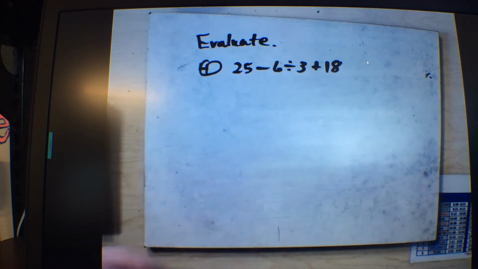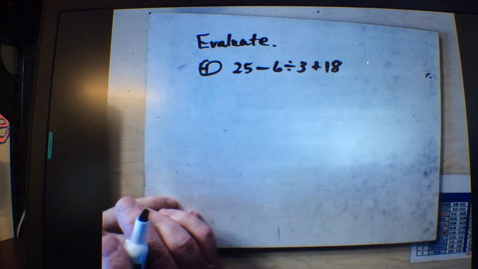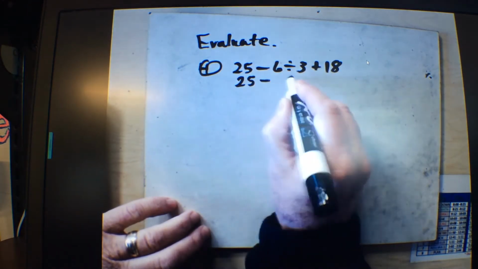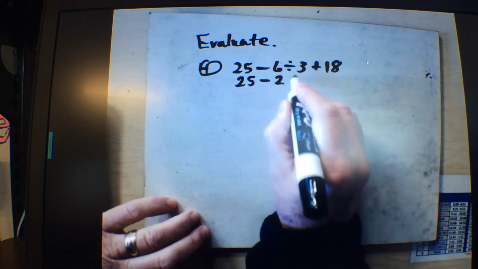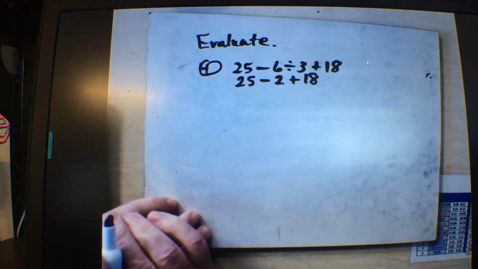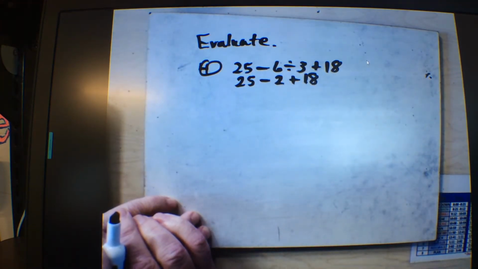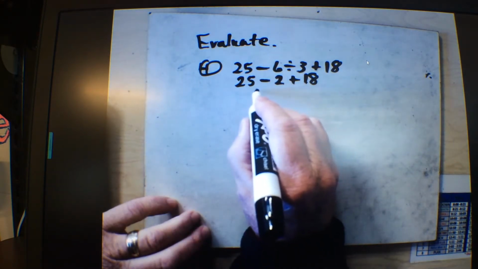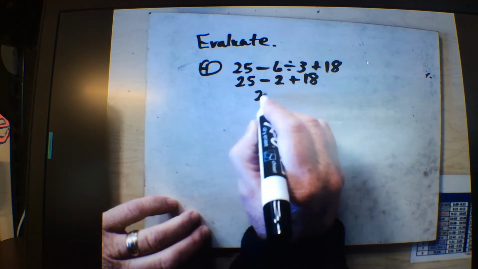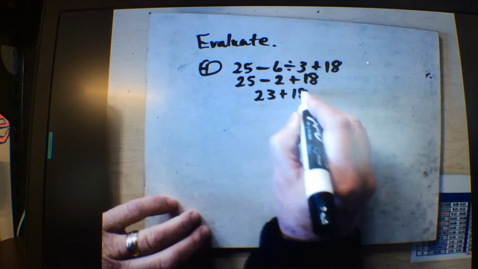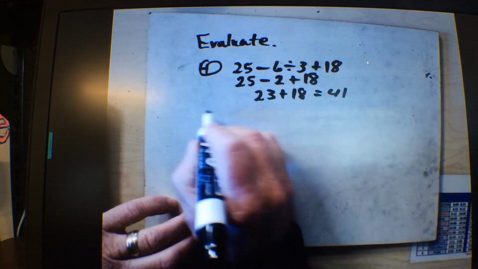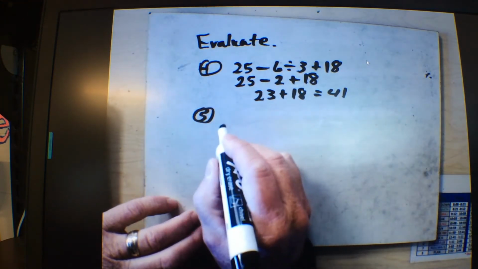So what do I do first? Division. So I have 25 subtract what? 2 plus 18. Now what do I do next, Tirsa? Left to right, 25 minus 2, which is 23 plus 18, which I believe is what? 41.